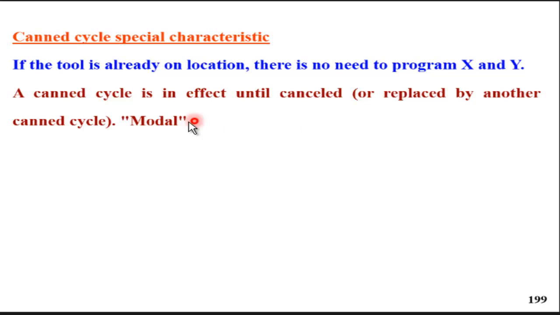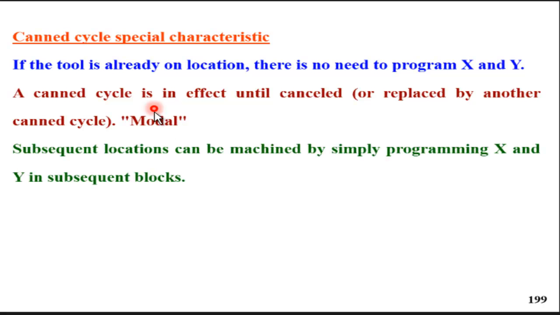The second characteristic of the canned cycle is that it is in effect until it is cancelled or replaced. What does it mean? It means if you move the tool in the XY direction, the same canned cycle will be active whenever the tool changes its position.